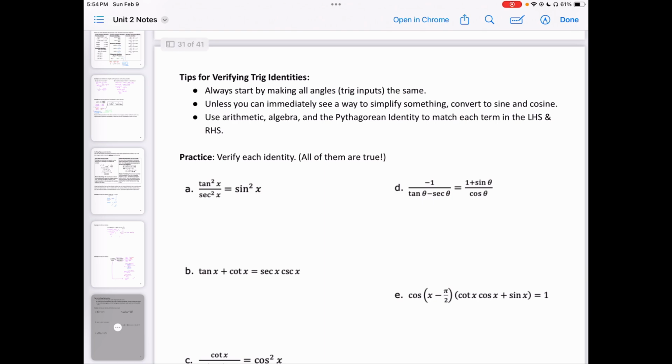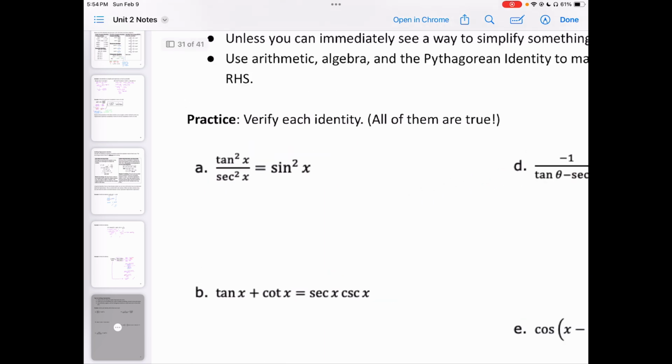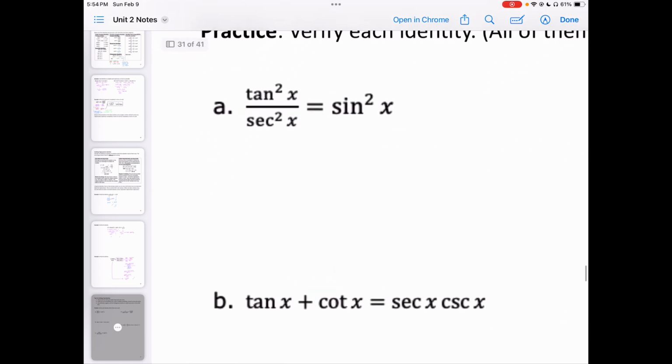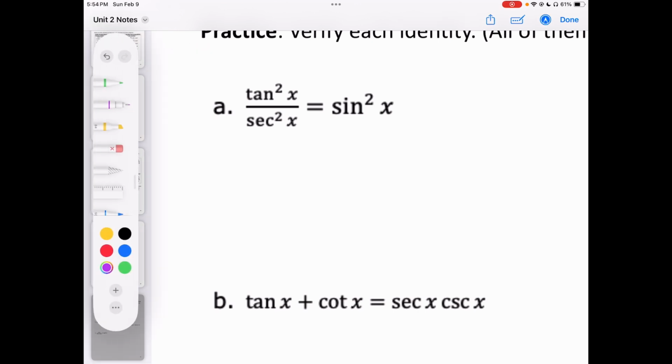And now we do some more practice. All of these are going to be true, so they should all somehow work out. Again, I would recommend starting with the more complicated side, and after choosing a side, write everything in terms of sine and cosine. So we'll go ahead and start with A here on the left.